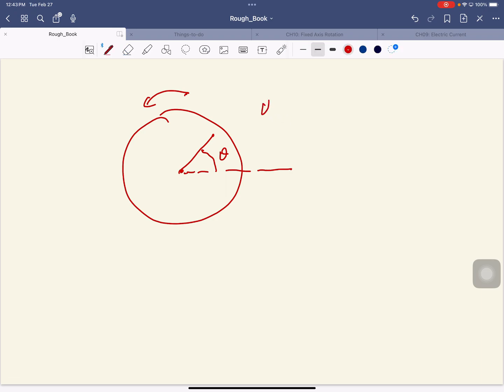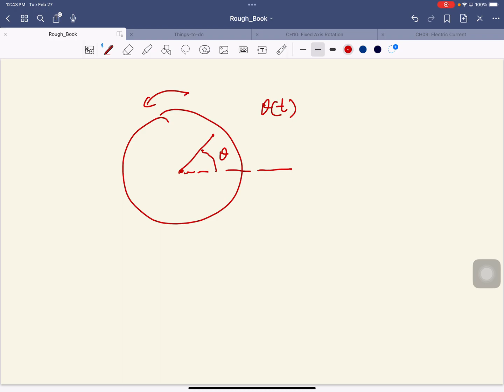Did you guys understand that? So as this object rotates, we'll measure the angle with reference to some axis. So there's the x-axis. Looking at it this way, we'll make it rotate like this. By convention, we take counterclockwise rotations as positive.